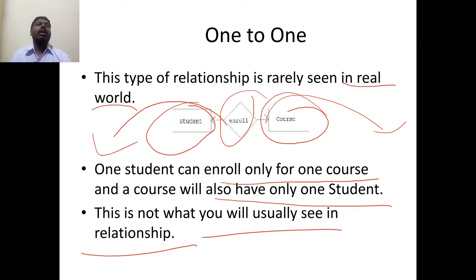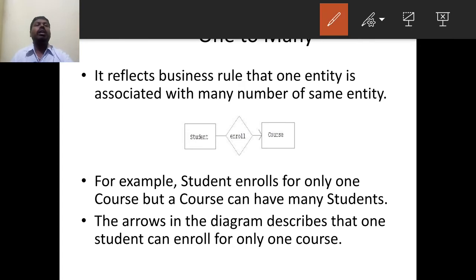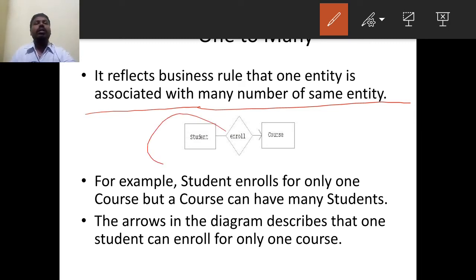Understand? Next, one to many relationship. A one to many relationship reflects business rules where one entity is associated with many numbers of the same entity. We can see this example: student and course are related using enroll. You can see only one arrow on this side.